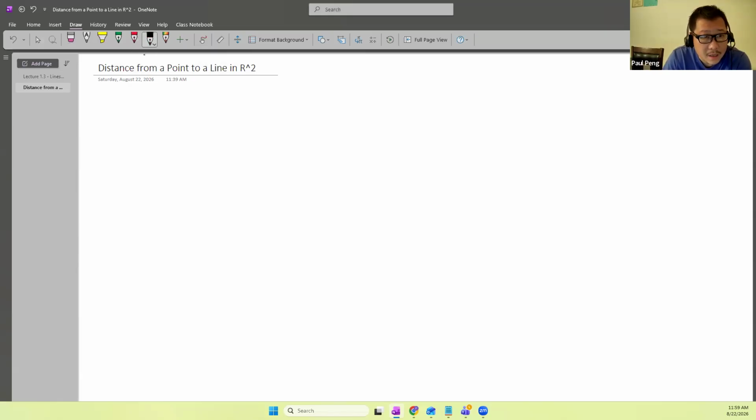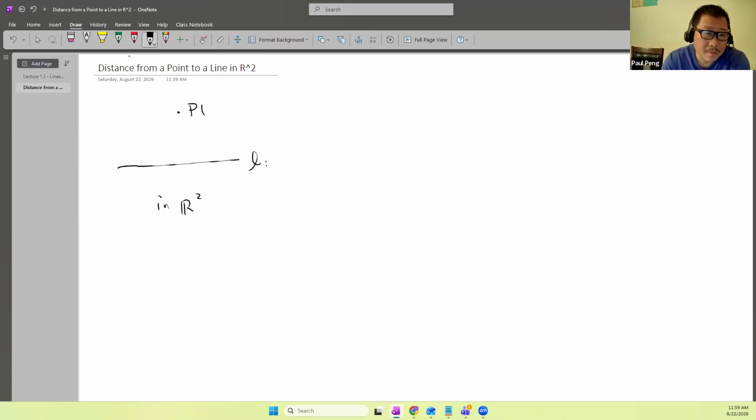Suppose we have a line here, called L because this is in two-space. That's a plane, and a point outside of the line is called P.